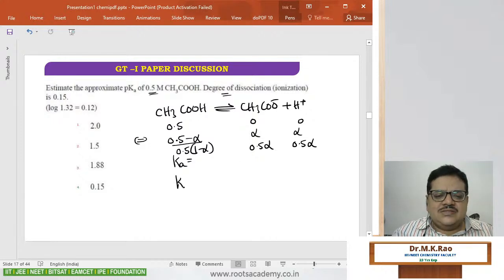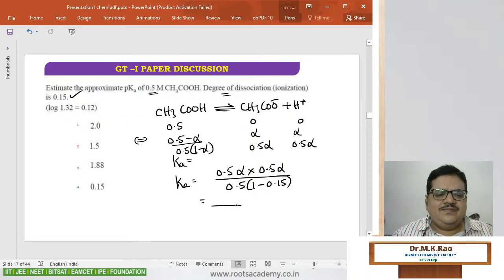Now Ka is equal to 0.5 alpha into 0.5 alpha by 0.5 into 1 minus alpha. How much is alpha given? 0.15.